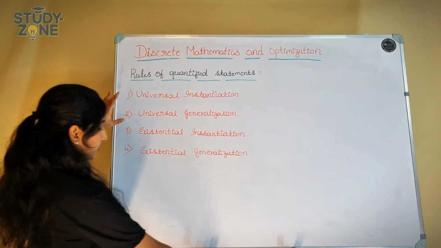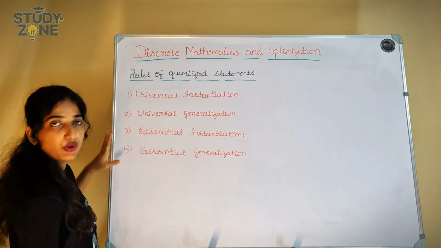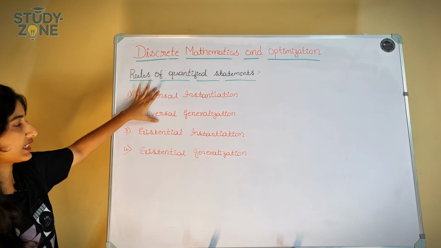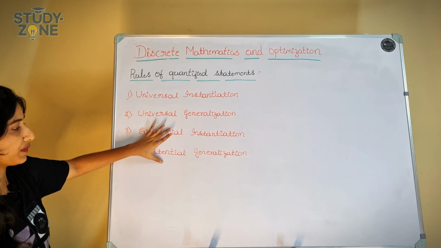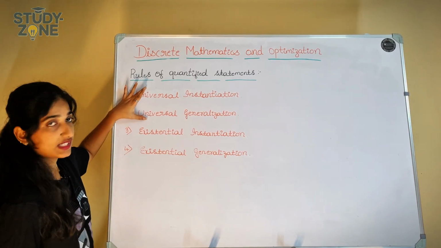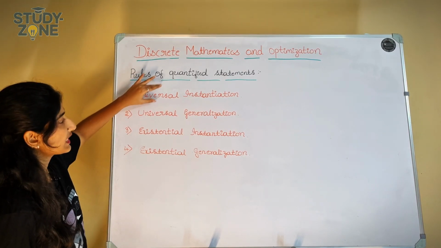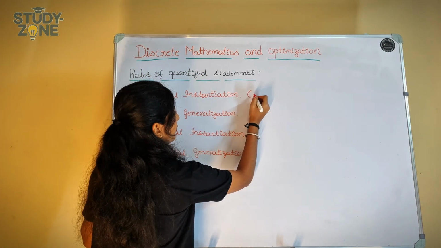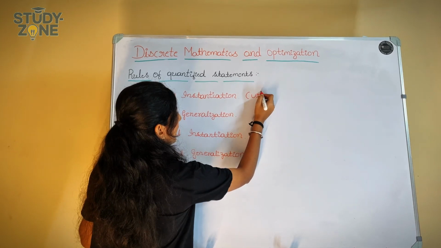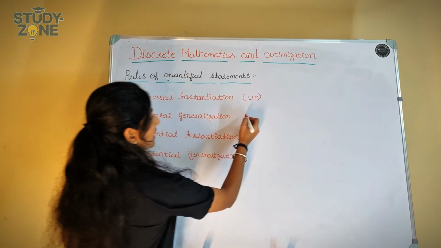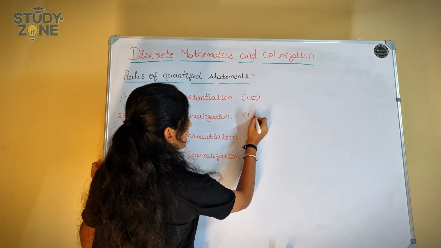In the rules of quantified statements there are four types. The first two come under the universal quantifier and the other two come under the existential quantifier. In the universal quantifier we have universal instantiation, which we can denote as UI, and then universal generalization, which we can write as UG, right?